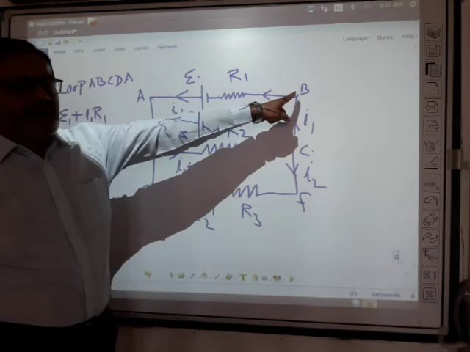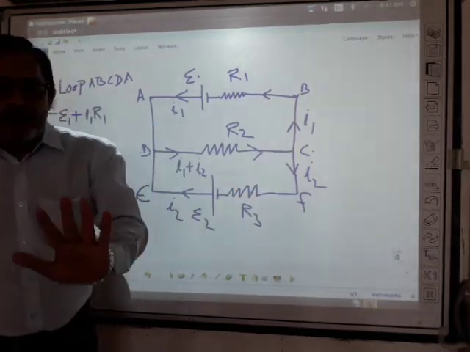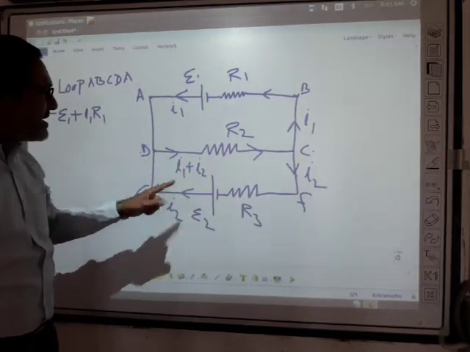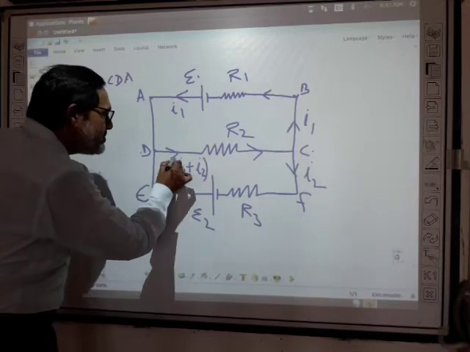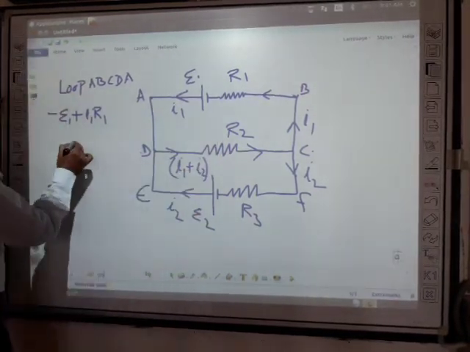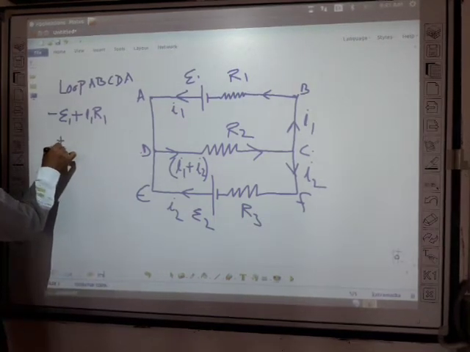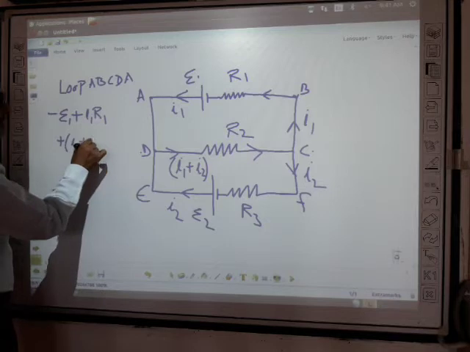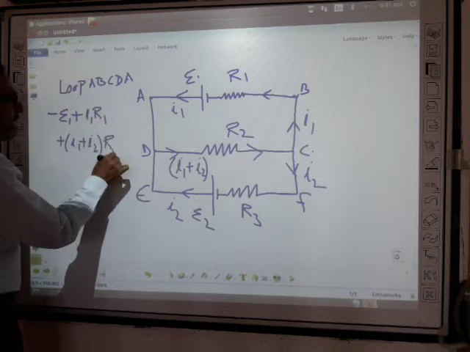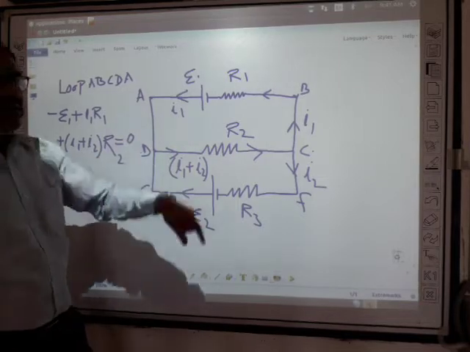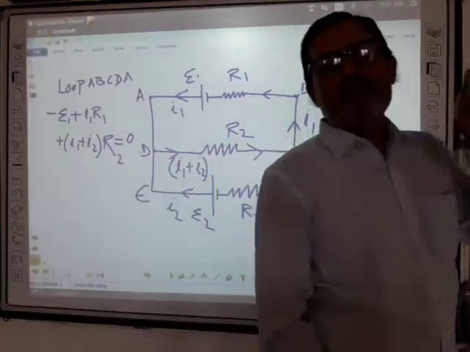Reaching B. Then B to C, no component. Then C to D, the current is I1 plus I2 and the resistance is R2. Then we retain plus I1 plus I2 into R2, equal to 0. Why? Since D to A, no component is there.